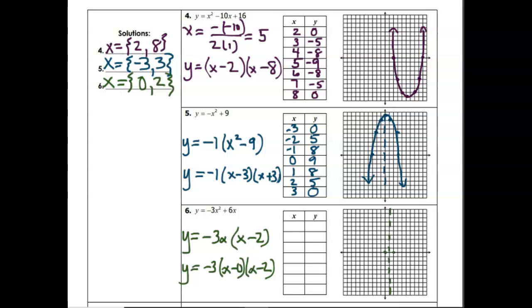And if you think about 0 and 2, then the vertex has to be in between those two along the axis of symmetry. So if we take a look at the table and we graph this, notice that again it does cross through the vertex of (0, 3), and it opens down and it goes through the roots 0 and 2.